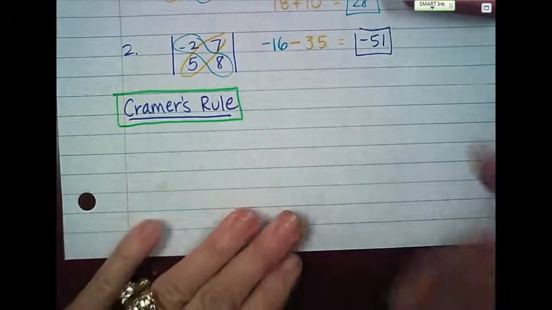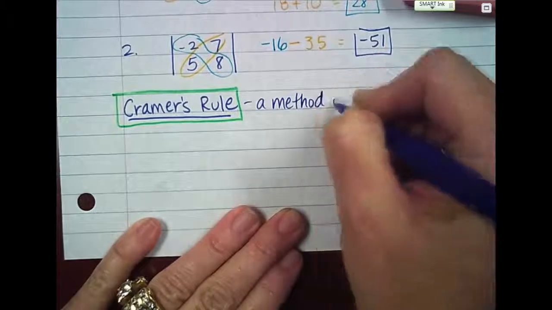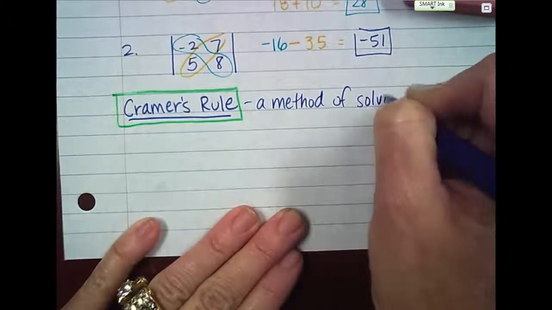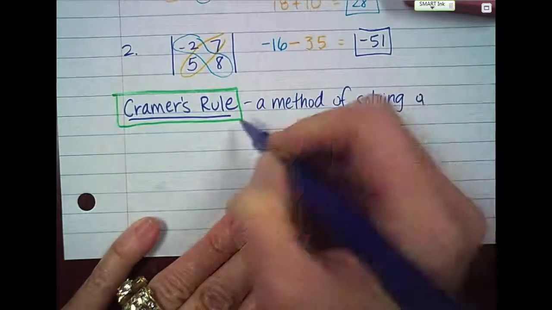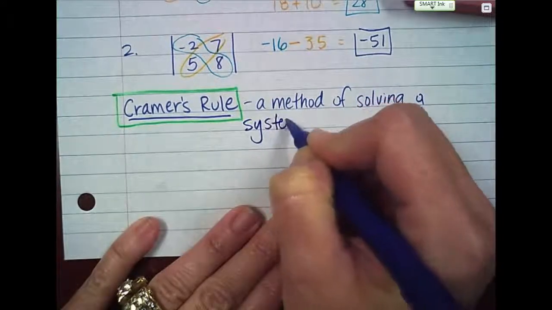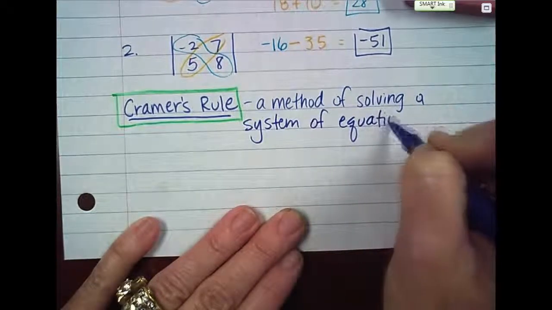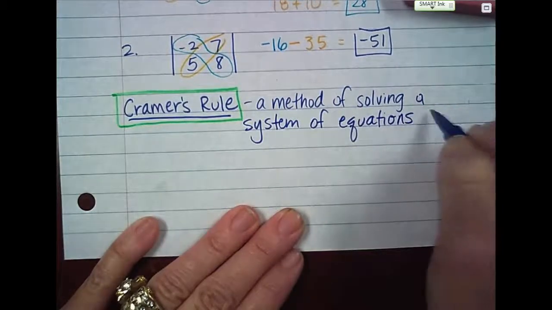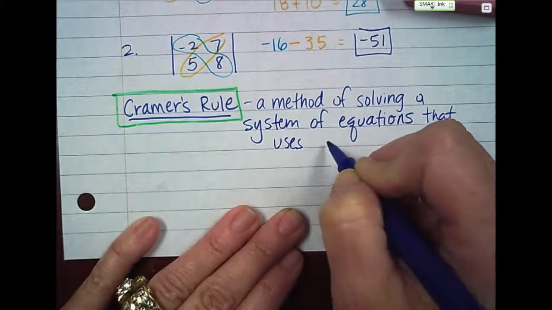Cramer's rule is a method of solving a system of equations that uses determinants.